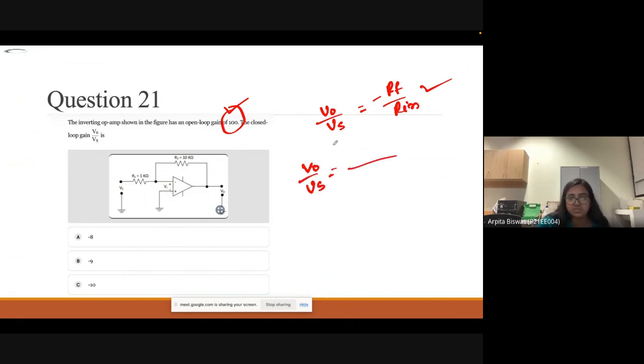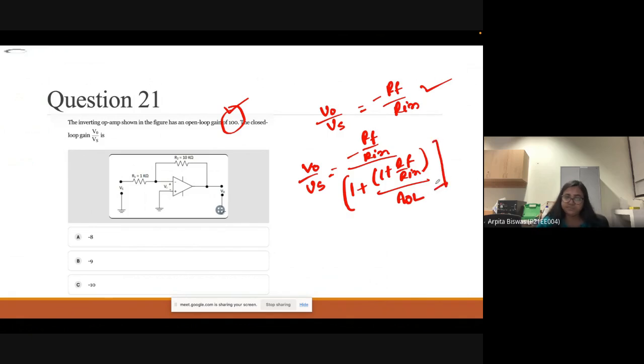It is inverting; in the previous case it was non-inverting, that's why 1 plus RF by RN. But here it is minus RF by RN, and the remaining is the same. In the lower portion it is 1 plus RF by RN, divided by the open loop gain. Right? Now you have to find the value of V output by V input.